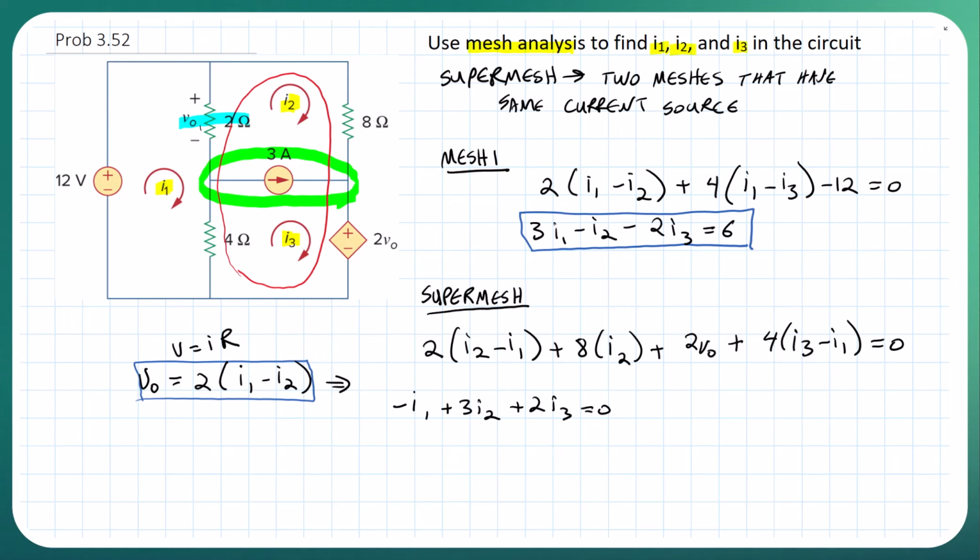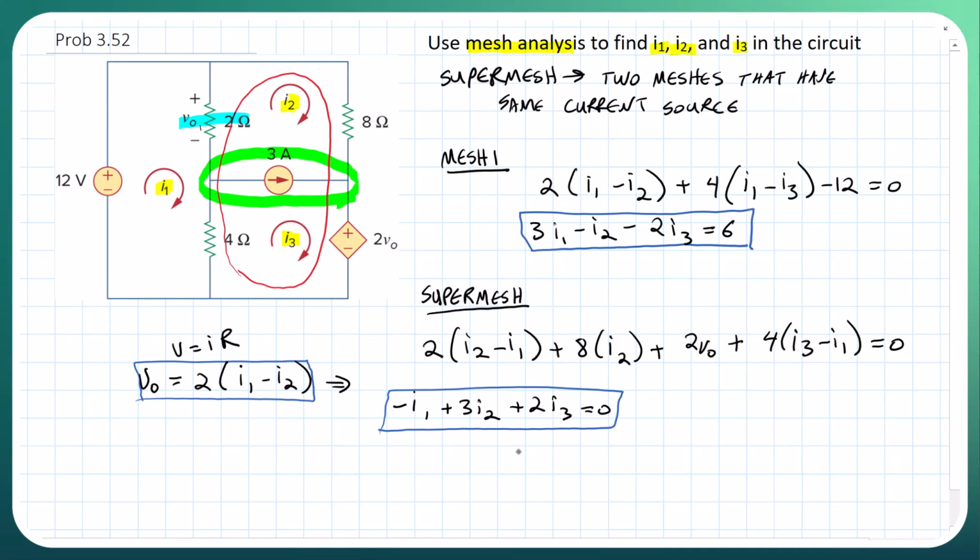So using Ohm's law, we know that the voltage across the 2 ohm resistor is going to be this equation here, V naught equals 2 times I1 minus I2. We plug that back into this big supermesh equation, and we were able to simplify to get this third equation here. Okay, so we have this equation using the supermesh.